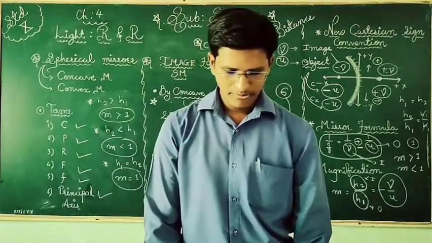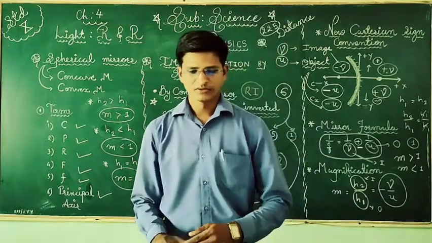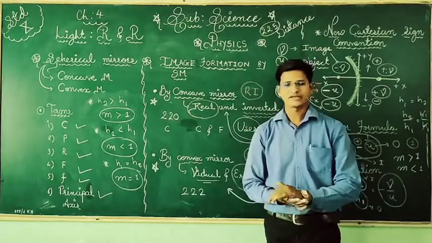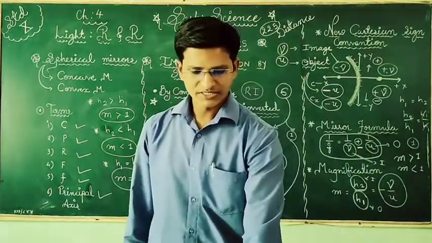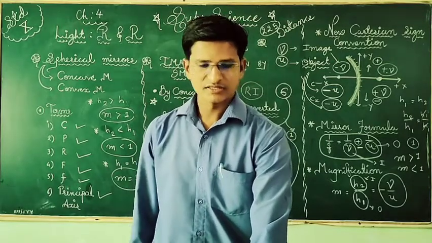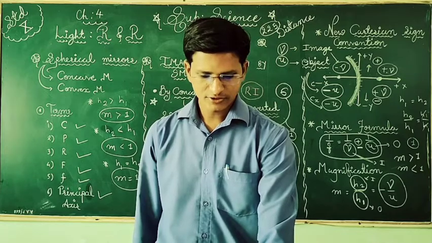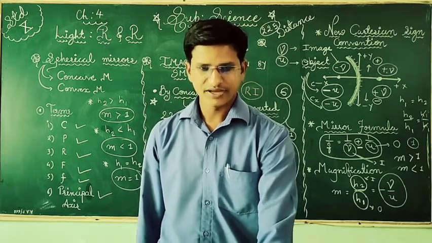So here, looking at this, the sign convention for the spherical mirror. Whenever I get time, when you come to school, I will try to revise everything again, so don't worry about it. Here we have the object distance u, image distance v, height of the object h1, height of the image h2, then magnification m and focal length f.